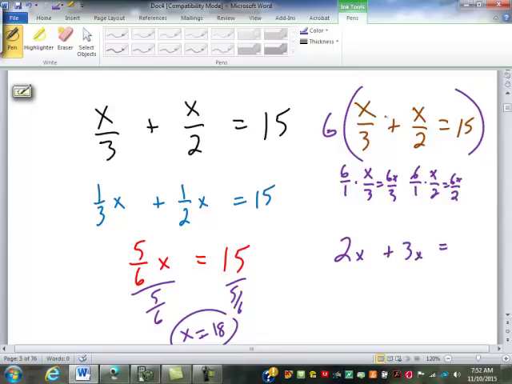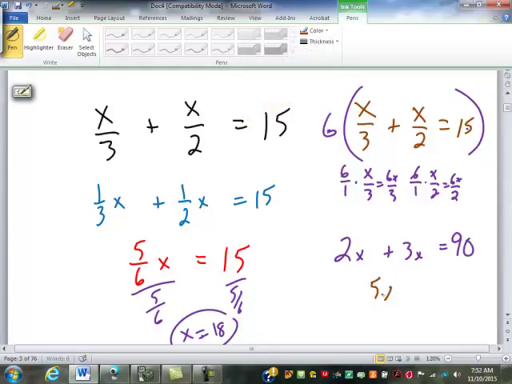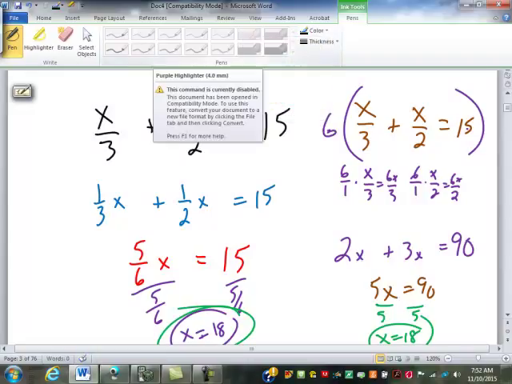Now we do have to do the 6 times the 15. We cannot forget that. That's 90. So then we have 5x equals 90. And we divide by 5. And we get x equals 18. Better get the same answer, right? Would hope so. Yeah, most days, right?